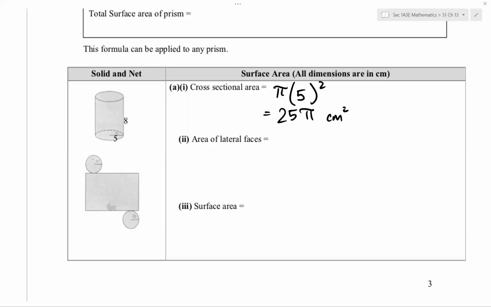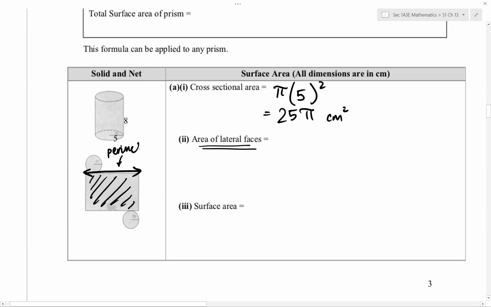Now, lateral faces will take this shape. It is actually a rectangle, okay? Visualize that. Visualize your cylindrical bottle having a label wrapped around it. And then when you unwrap it, you get a rectangle. This rectangle has dimension over here, perimeter of base area.